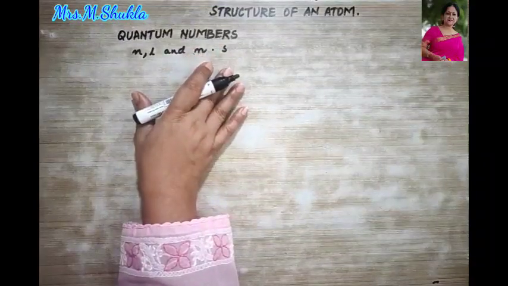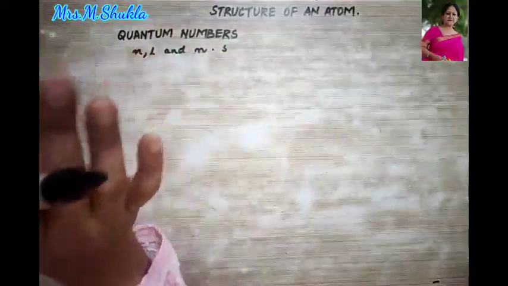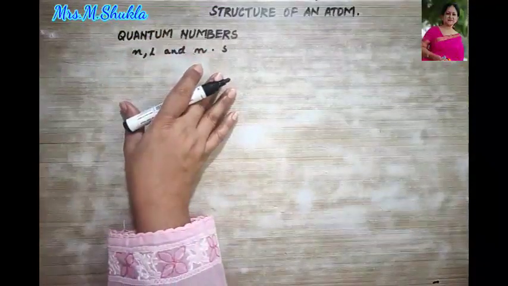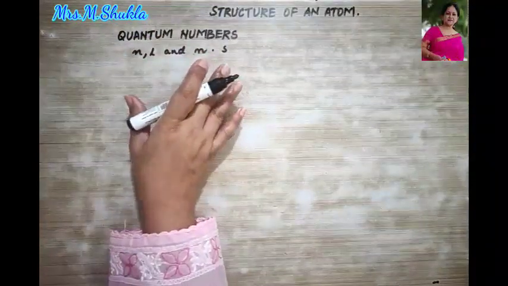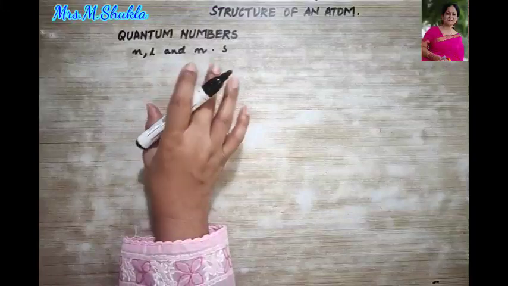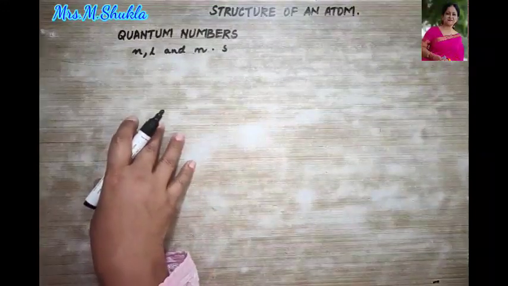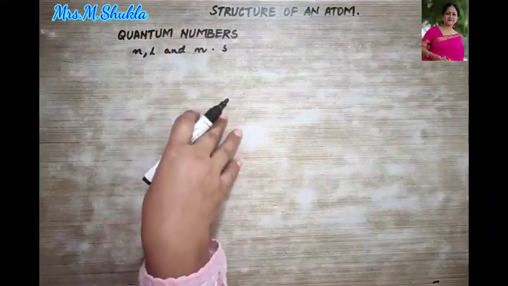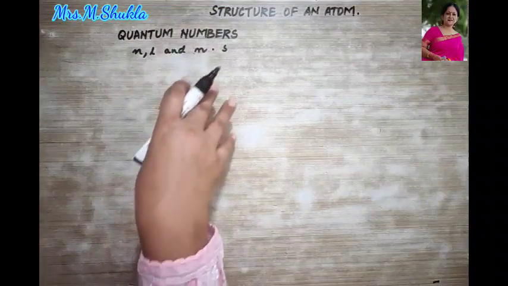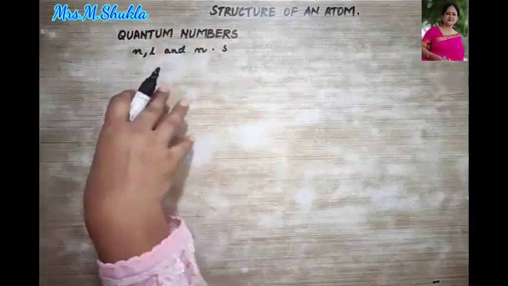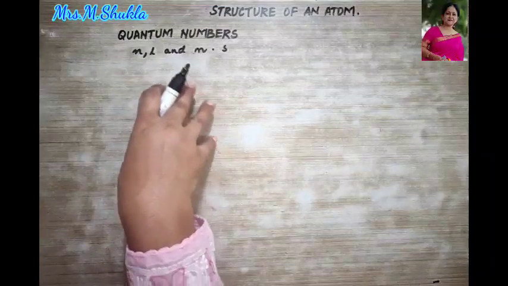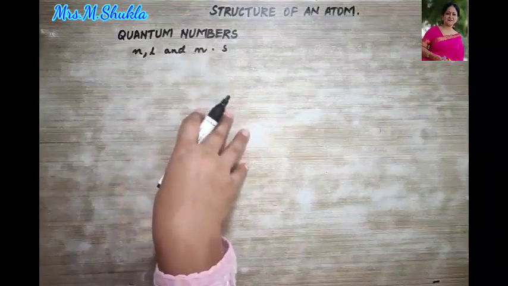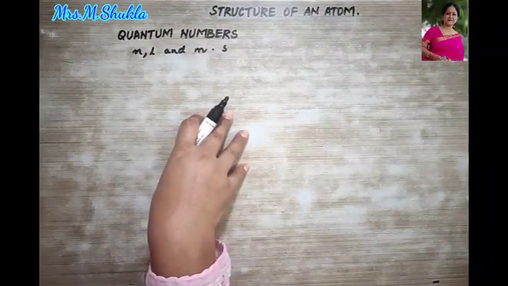They can be defined as a set of four identification numbers which are needed to have full information about the various electrons that are present in an atom, and to know about their location, their energy, shape, orientation and spin. Clear?